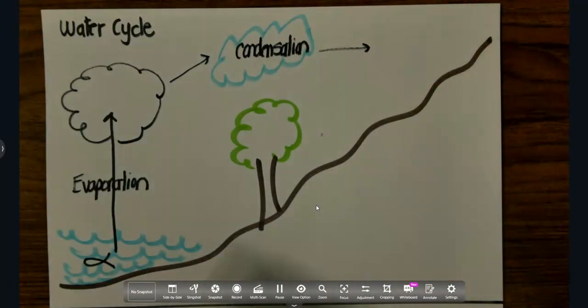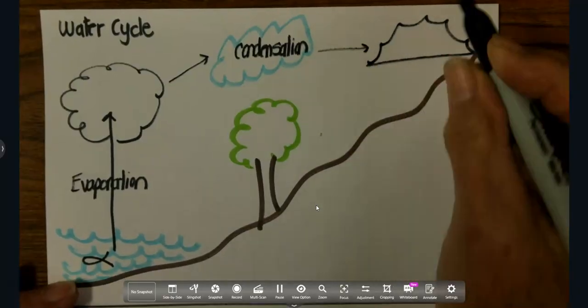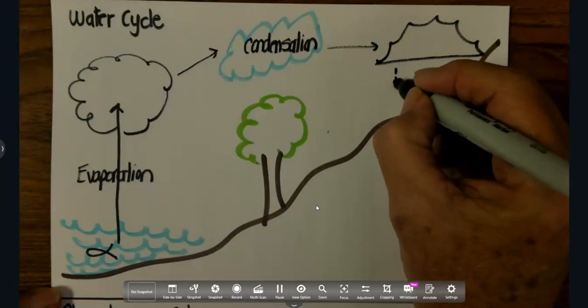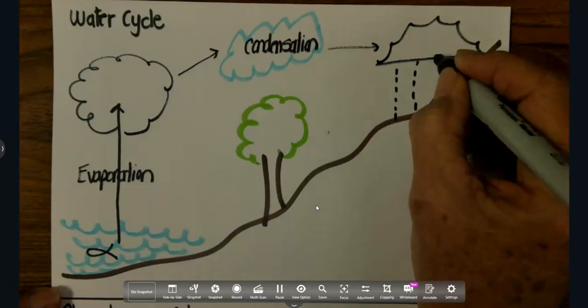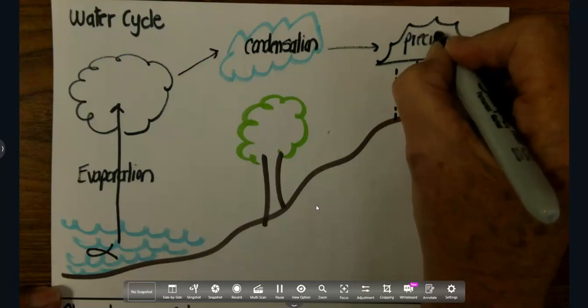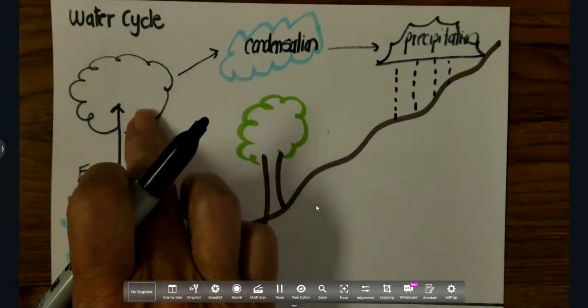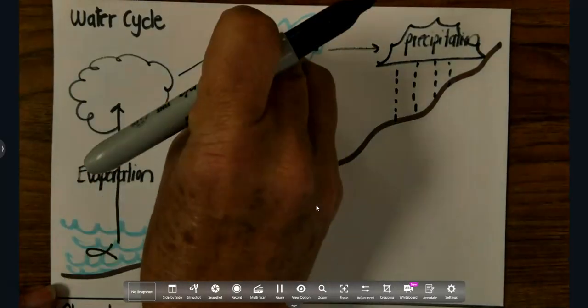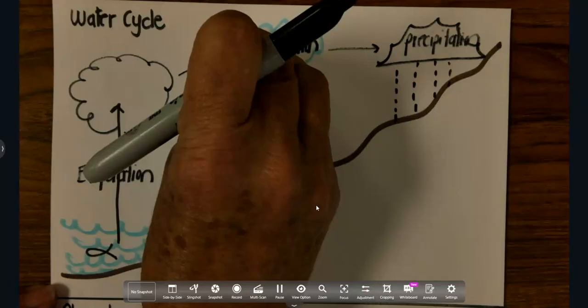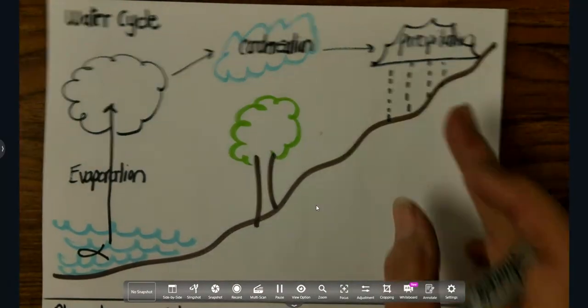It squeezes, it becomes more dense, and we get precipitation. Okay, so evaporation of water into the atmosphere, it condenses, and then as a cloud gets bigger and bigger and bigger and filled with more and more water, eventually it will precipitate.